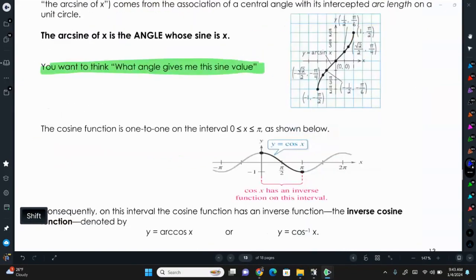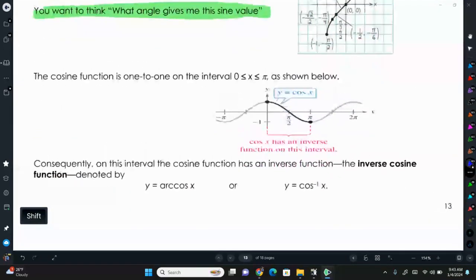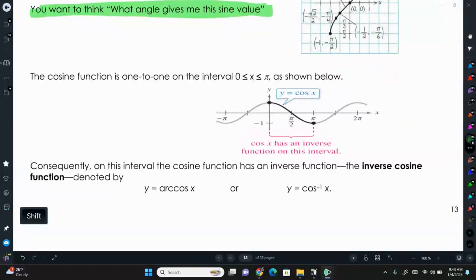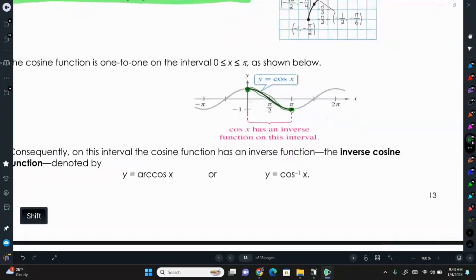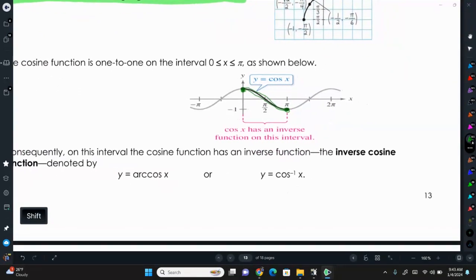The same thing can be said about the cosine function. Okay, this is our cosine curve, and that would fail the horizontal line test. So if we restrict that domain from 0 to pi, now that function passes the horizontal line test.